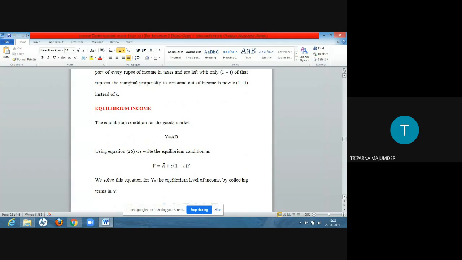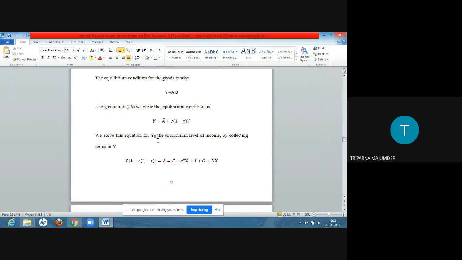So we now try to find the equilibrium level of income. What do we know? Income or output is equal to aggregate demand. So Y is equal to AD. Now using the last equation, what do we find? That Y is equal to the aggregate demand. Aggregate demand is A bar plus small c into 1 minus t into Y. We solve this equation for equilibrium income Y0, and we get, how do we do it?